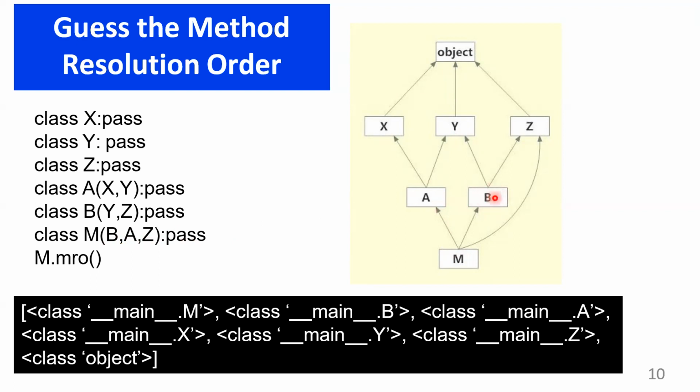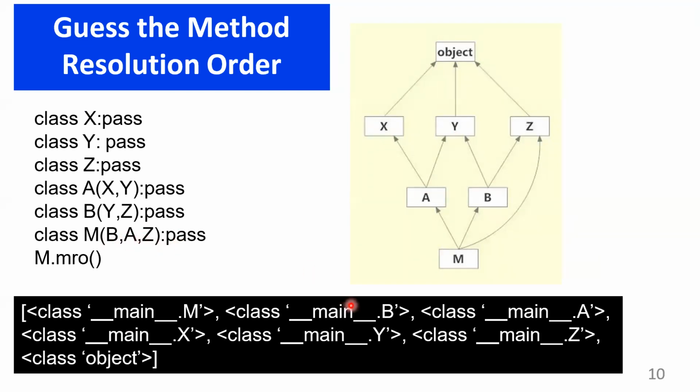Class A is inherited from X and Y, and class B is inherited from Y and Z. So first of all, it searches in the class M. If it is not found, then it searches as per the order of inheritance.